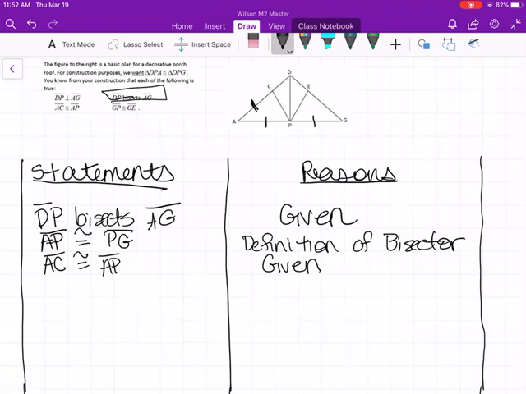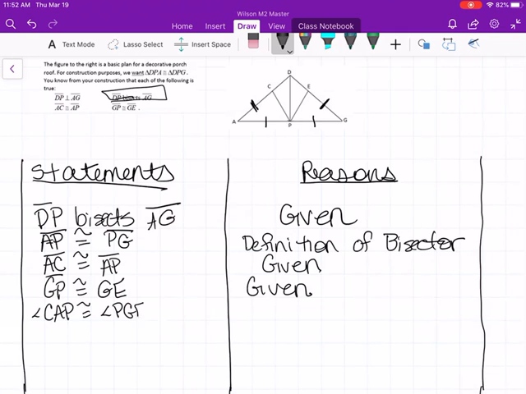Okay. GP is also congruent to GE. This is also a given. So we're able to now mark over here. So actually all four of these angles are congruent.